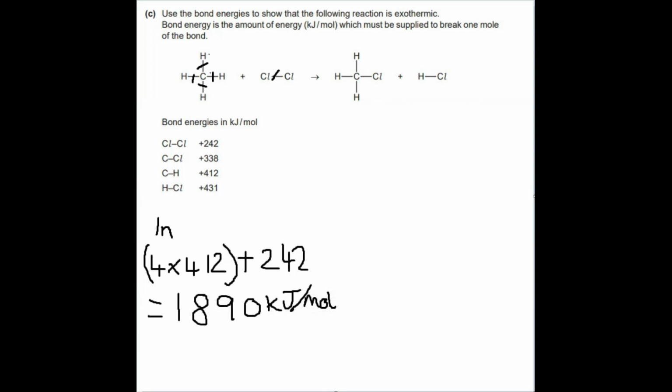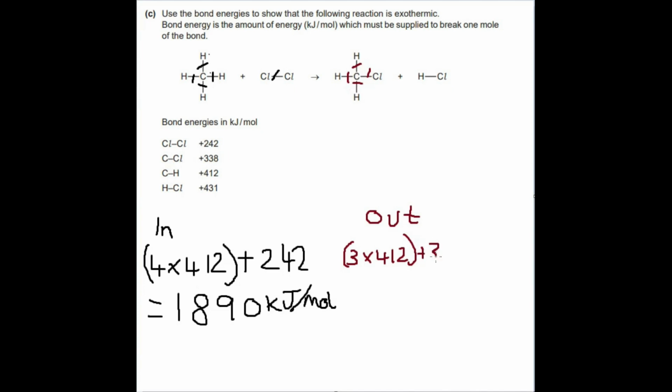The energy out on the other side here is, again, I look at how many I've got. So I've still got H-C bonds, but this time I've only got 1, 2, 3 of them. So this time it's 3 times 412. I've now got this C-Cl bond, which is 338 if I go look here.